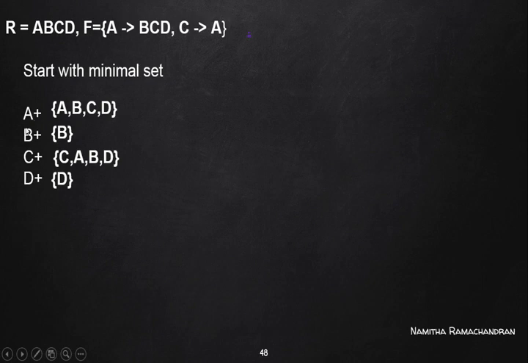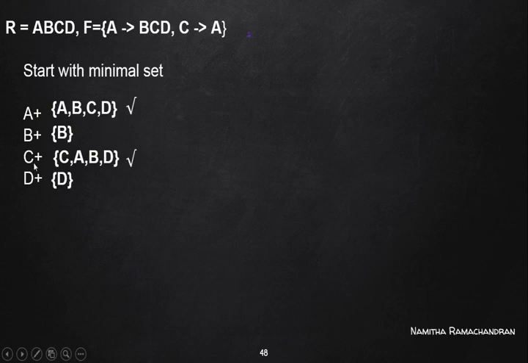Before deriving the closure set of B, check whether B is present in the LHS part. No. So without deriving the closure of B, we can directly say B alone cannot be a candidate key. B alone cannot derive all the attributes of relation R. So B can never be a candidate key, but A is a candidate key.